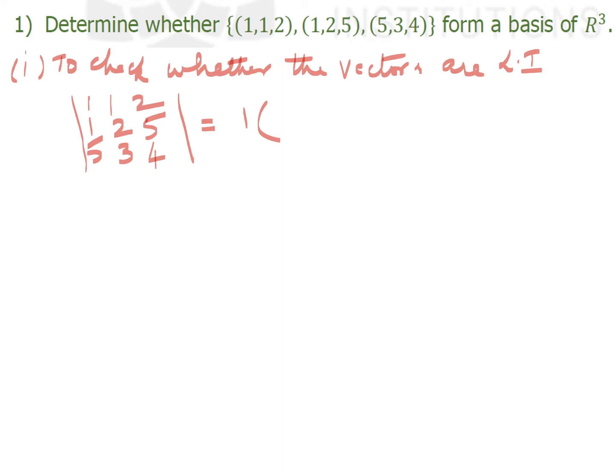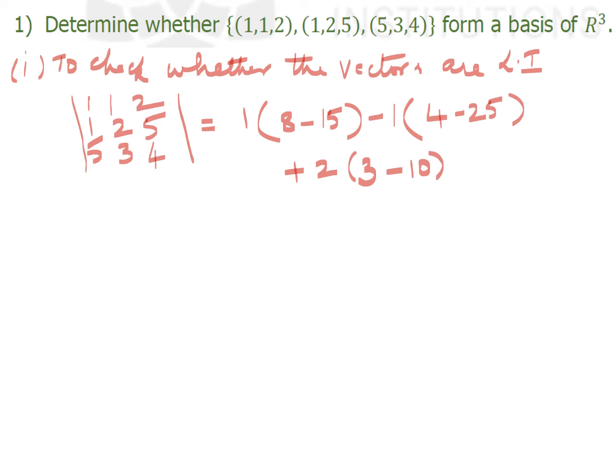So it is 1 into (8 minus 15), minus 1 into (4 minus 25), plus 2 into (3 minus 10). So we are just evaluating the determinant. This gives minus 7, and the second one is plus 21, minus 14.